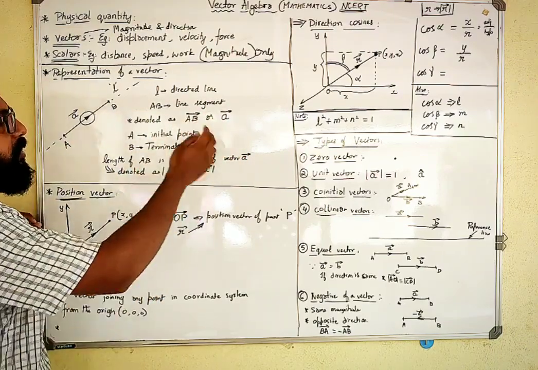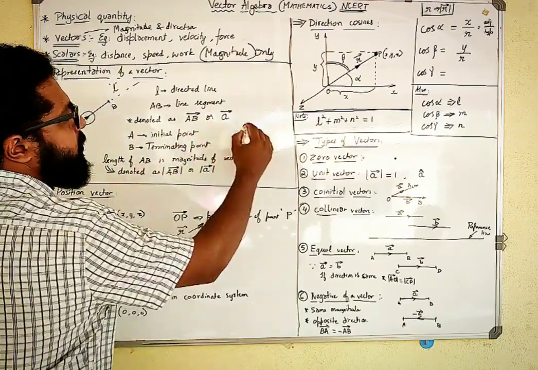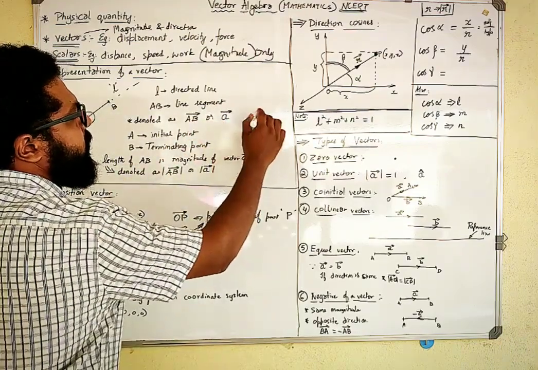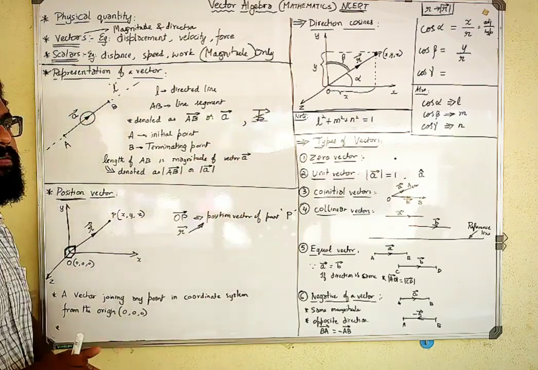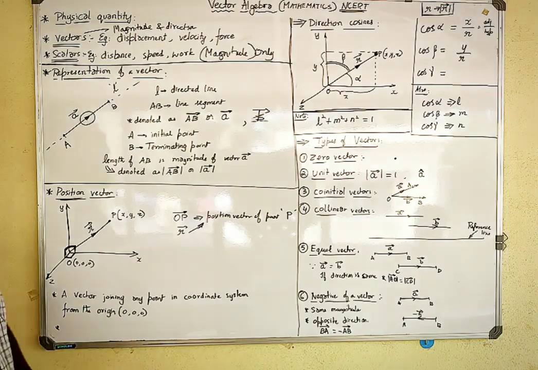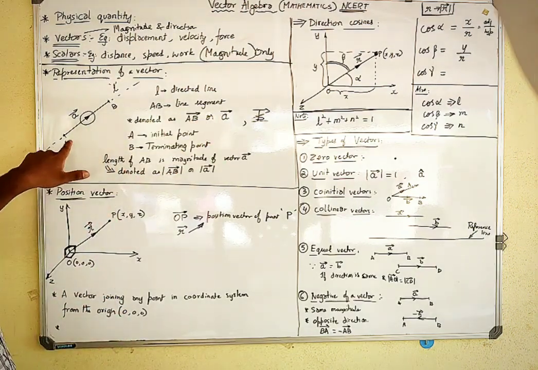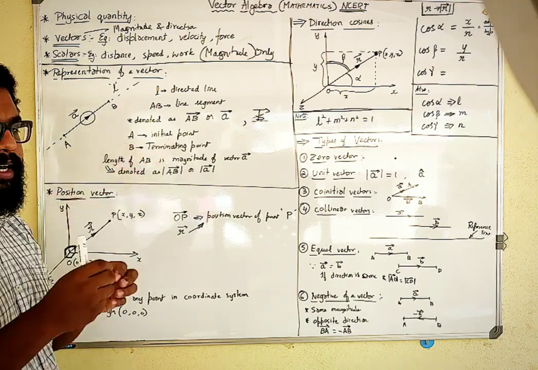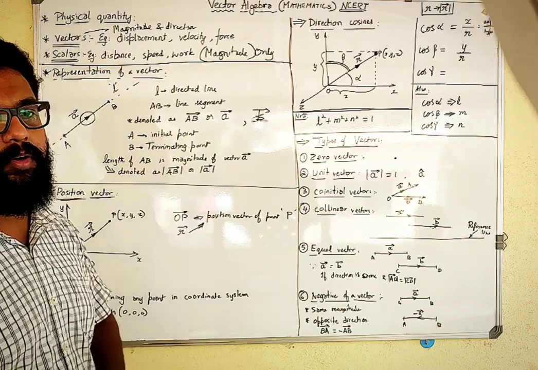So whenever you see this term, you will read it as a vector. If it was something else, like b, it is read as b vector. If there is an arrow mark on top of it, we read it as a vector. In the AB vector, A is the initial point, the starting point of that vector, and B is the ending point or terminating point.